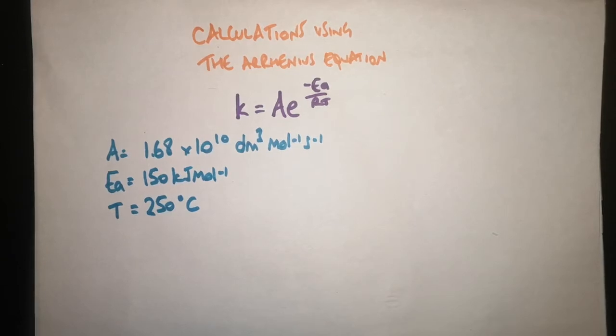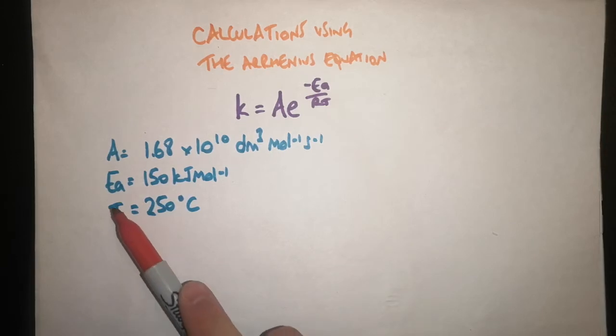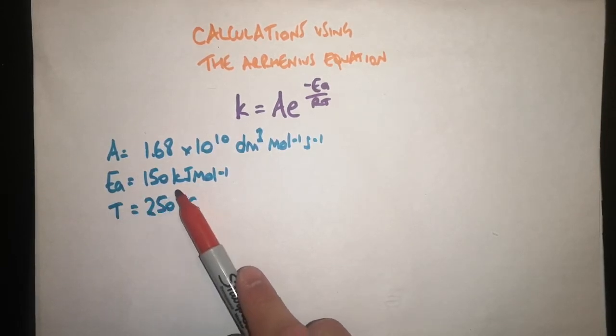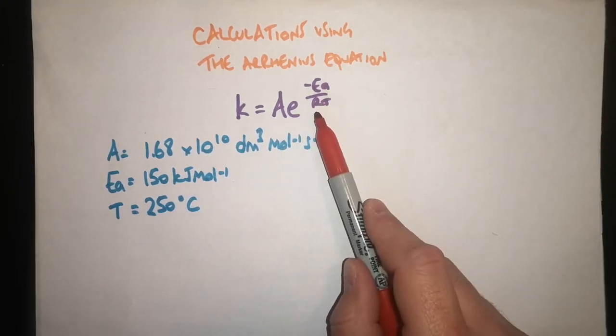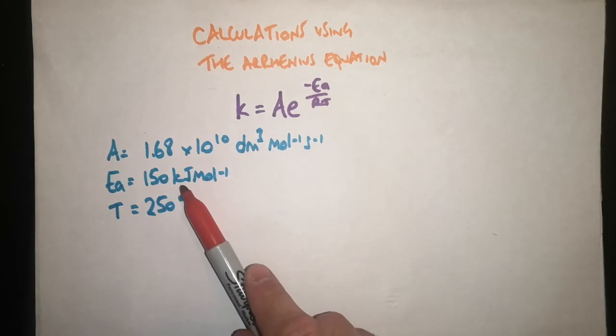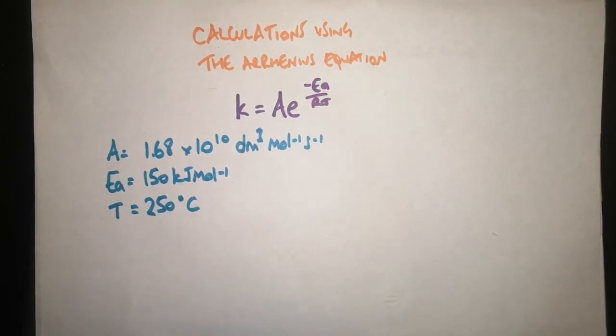So let's look at how we would put these numbers in. Well, there are a couple of things to remember here. The units are not quite right at this point. If you remember from my last video, activation energy we normally report in kilojoules per mole, but due to the fact we're using the gas constant, which is in joules per mole per Kelvin, we need to convert this to joules per mole.